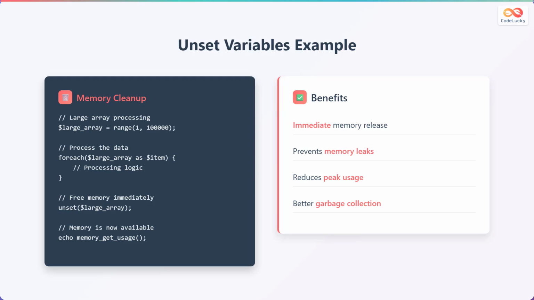You can verify the memory release by calling memory_get_usage. What are the benefits of using unset? Immediate memory release, which prevents memory leaks, reduces peak memory usage, and results in better garbage collection. Using unset effectively helps keep your PHP applications lean and efficient.